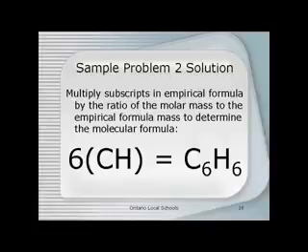Now in the case of CH, we don't have written subscripts because whenever the subscript is 1, it's implied by its lack of presence. So when we multiply 6 times the subscripts of C and H, we get C6H6. This compound actually is one called benzene, and it's a very important compound in organic chemistry.